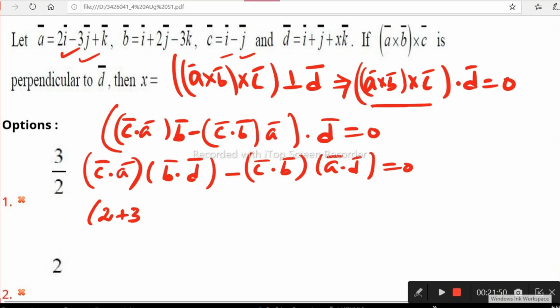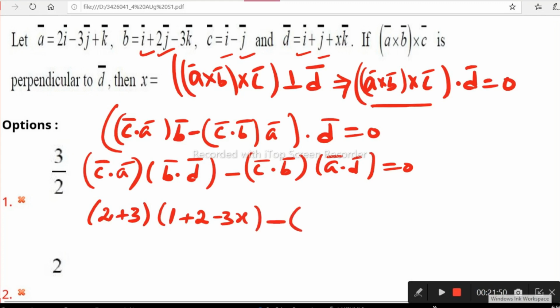C dot A and A dot C are the same. Next, C has no k coefficient, so that term is 0. So C dot A is 2 plus 3. Now we will see B dot D. B dot D, the dot product of B and D: the i coefficient is 1, and in D the i coefficient is 1, so 1 into 1 is 1. Plus 2 into 1 is 2. Plus the last one, minus 3 into x is minus 3x. This is B dot D.